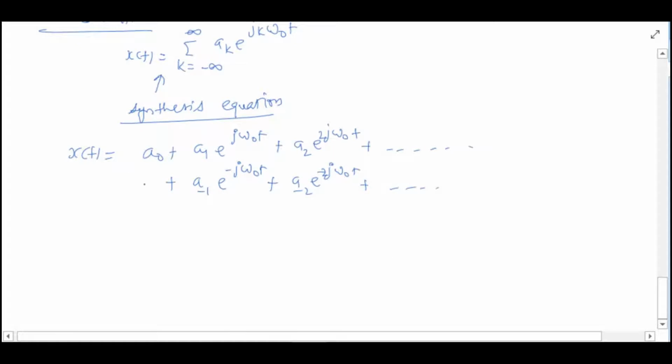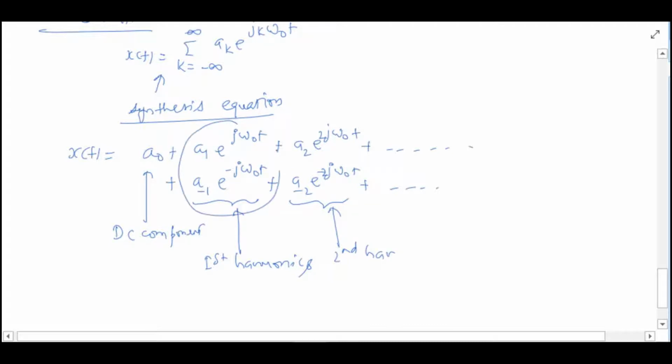In this expansion, the first term, which is a constant, is called the DC term or DC component. These two terms are called first harmonics, since they oscillate at the fundamental frequency omega naught. Similarly, these terms are called second harmonics and so on.